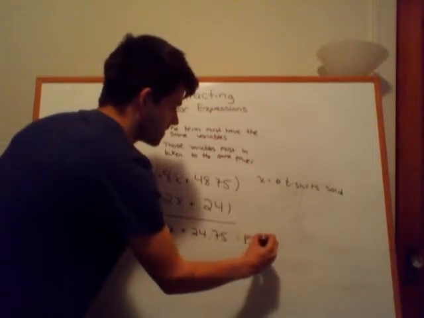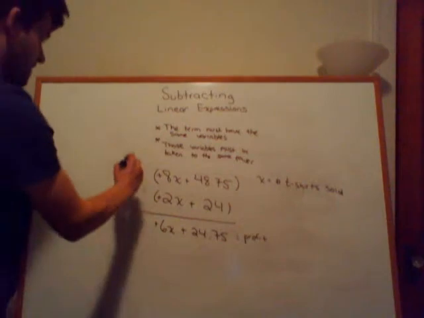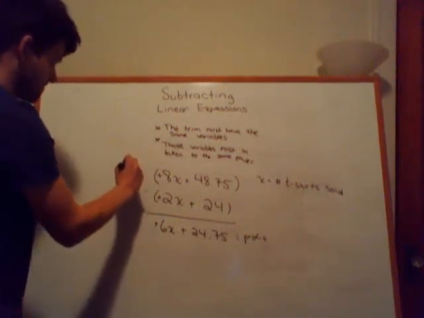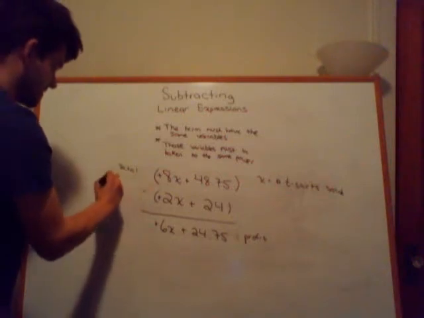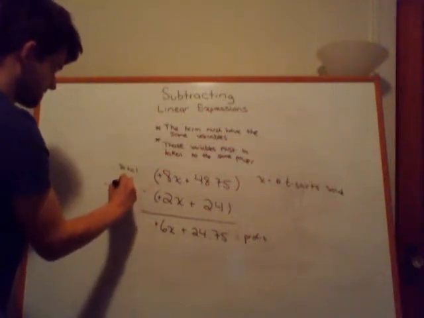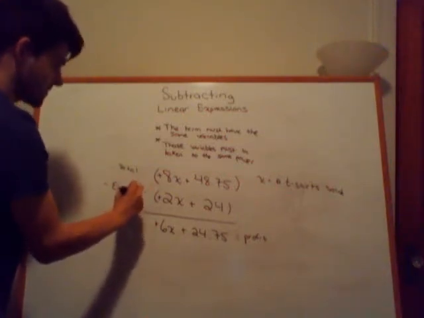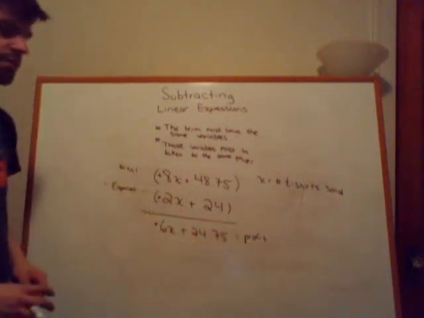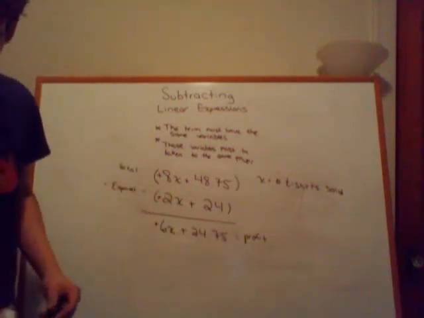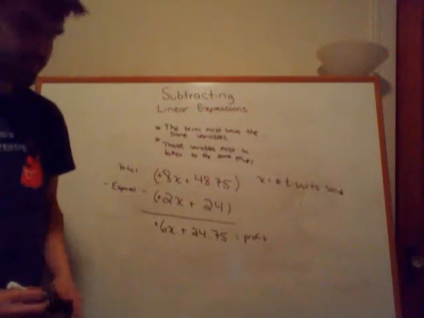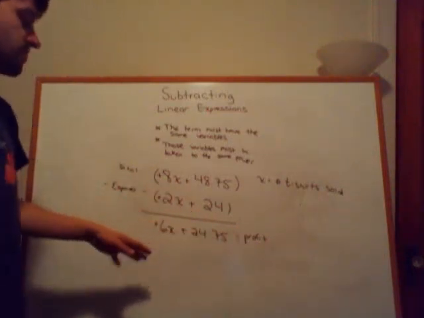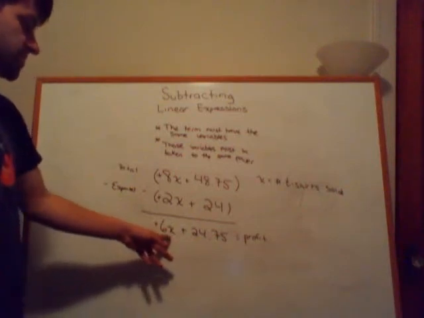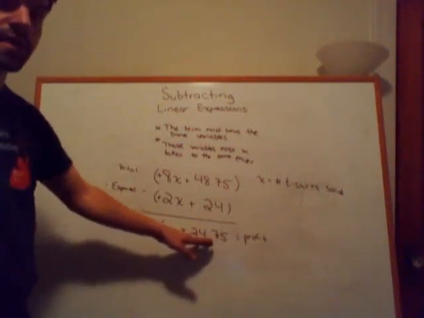Okay? So remember, total minus expenses equals profit. Okay? Now, for part A, this is our answer. This is the profit expression. So when x shirts are sold, this is the profit made.